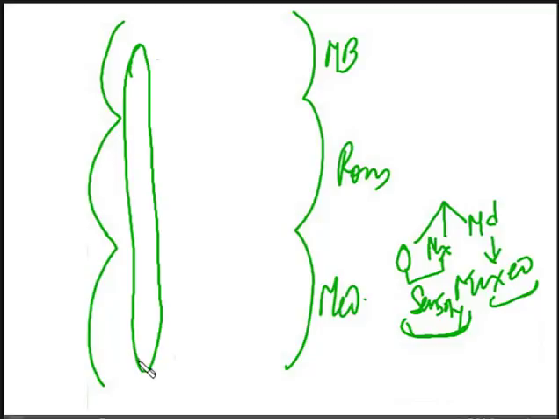And then it gets divided into, it's given different names because each nucleus receives different sensations.